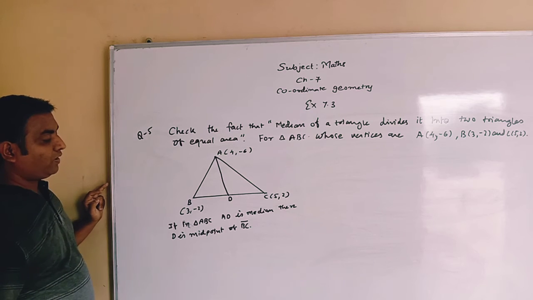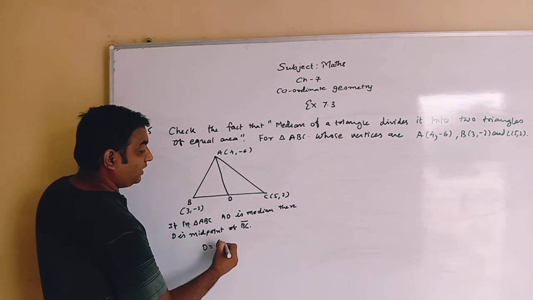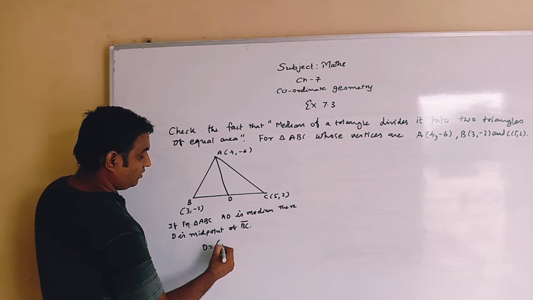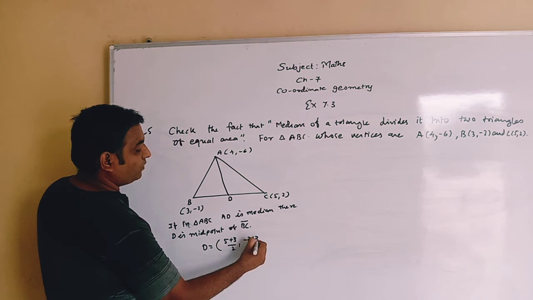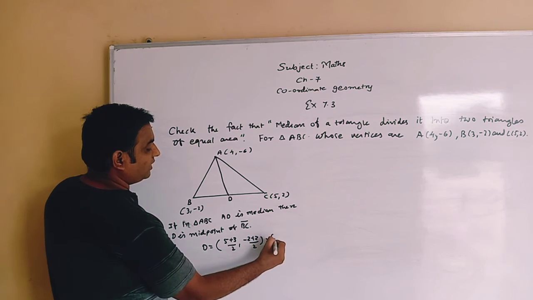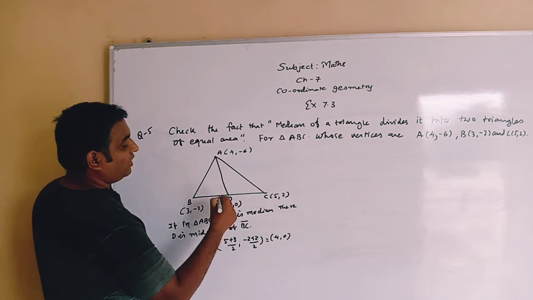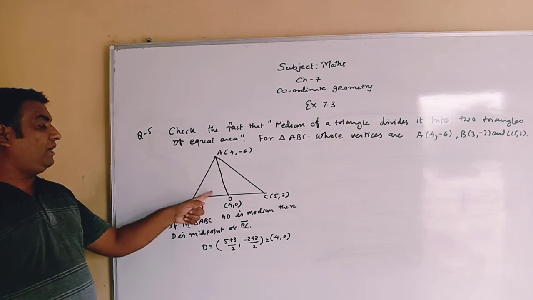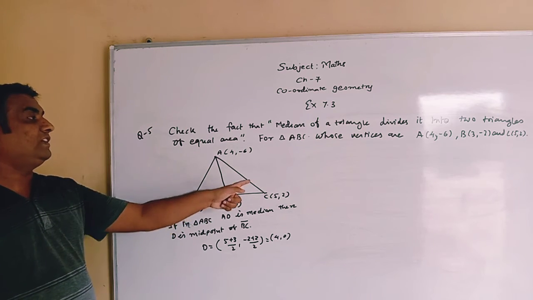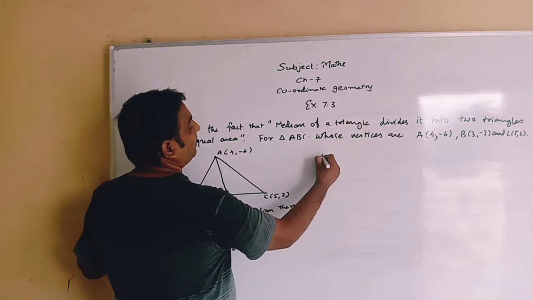As D is the midpoint of BC, the coordinates of D equal 5 plus 3 by 2, minus 2 plus 2 by 2, and so it is 8 by 2, 4, 0. Now we have to show that the area of ABD and the area of ADC are equal. So we will find out the area of ABD.